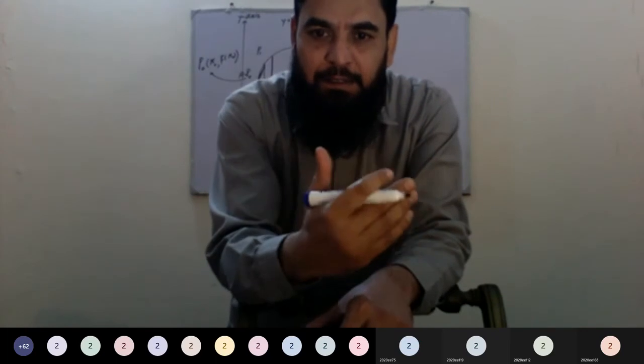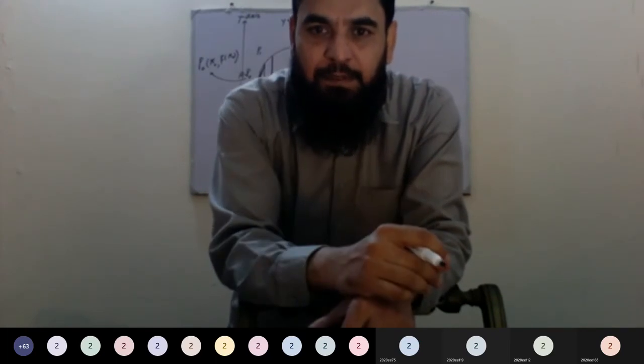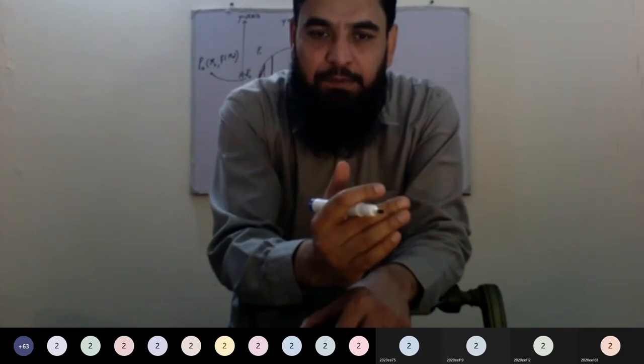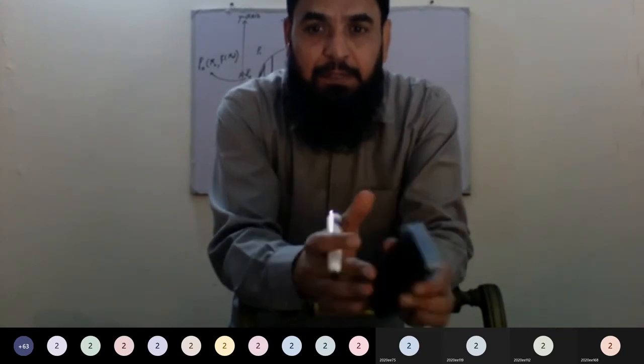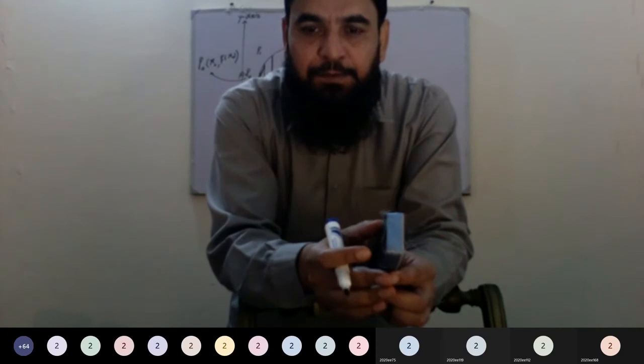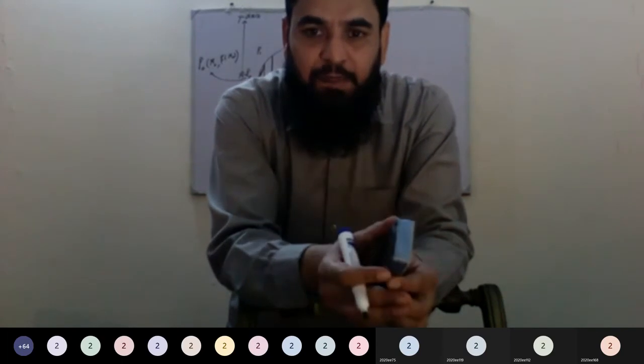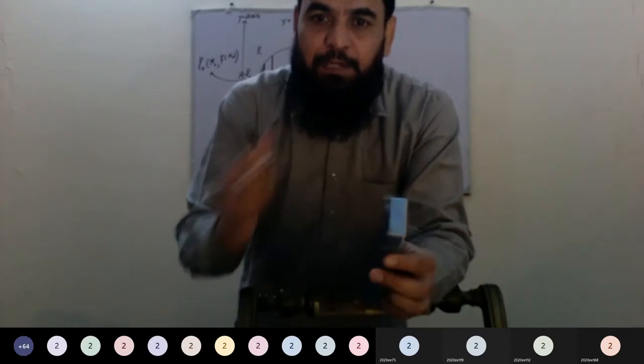If you take the ratio between arc length and chord length, or chord length and arc length, it is pretty much the same thing as a limiting case. It will result in unity, 1. So that's what we are doing.